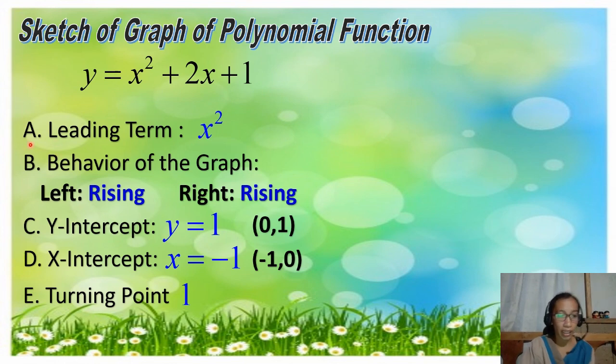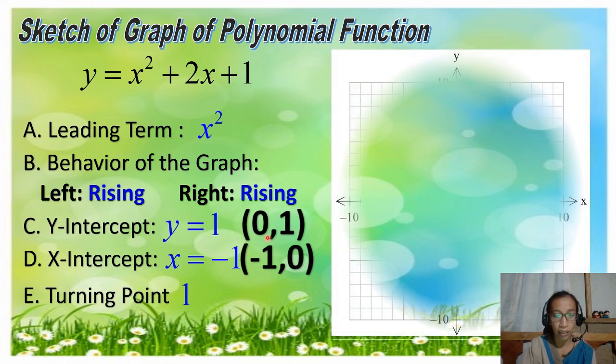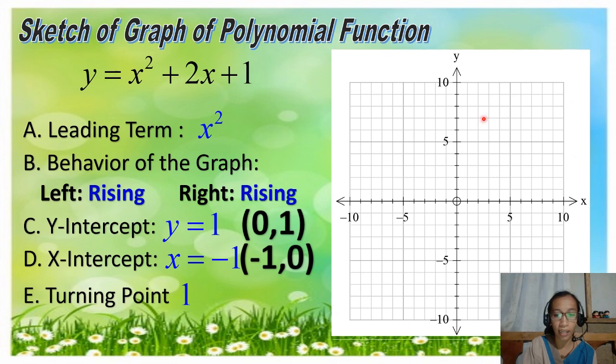So, pagkakuha natin ng value nitong 5 ito, yung y-intercept natin ay coordinate (0, 1). Then, yung x-intercept natin ay coordinates (negative 1, 0). At itong dalawang ito, yung una nating ipla-plot dito sa ating Cartesian plane. So, graph lang natin yung point na (0, 1).